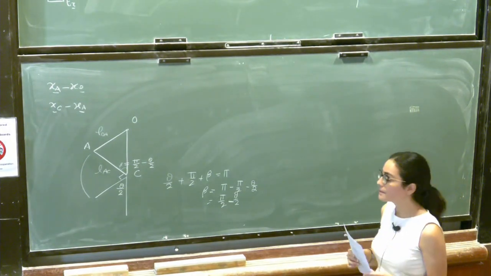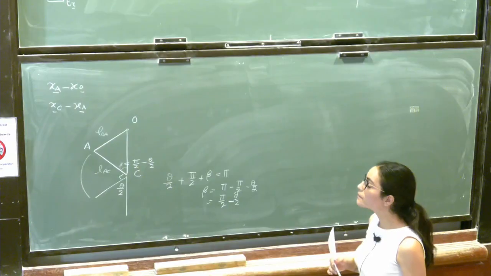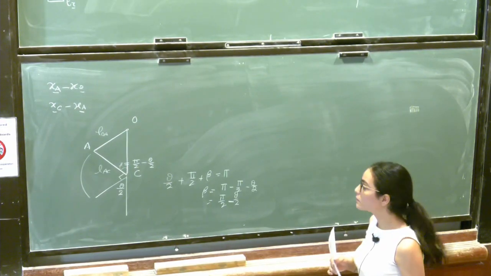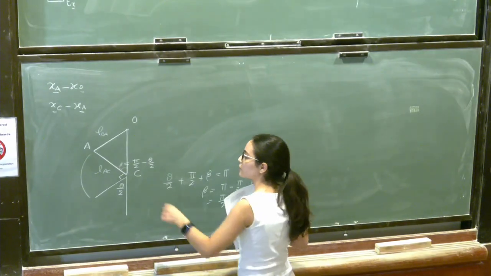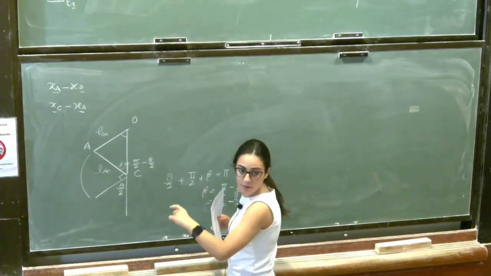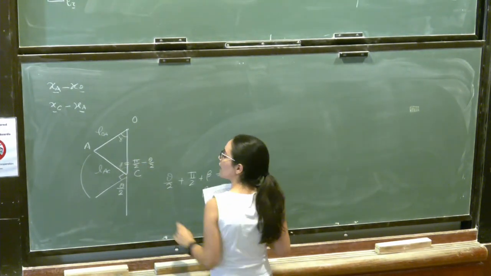Yes. You can use the law of sines and use the length of OA, and then the angle that you have to find is theta O with the length of AC. To find this angle, right? So call this angle gamma.